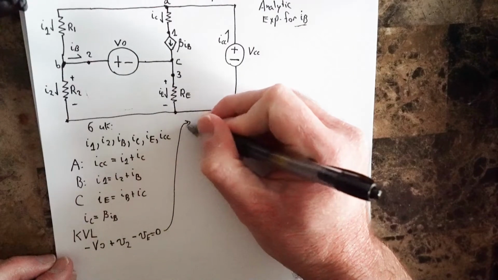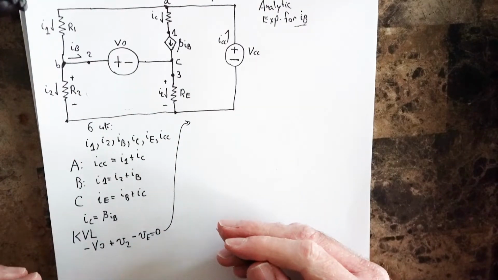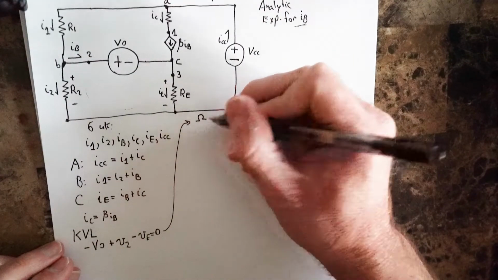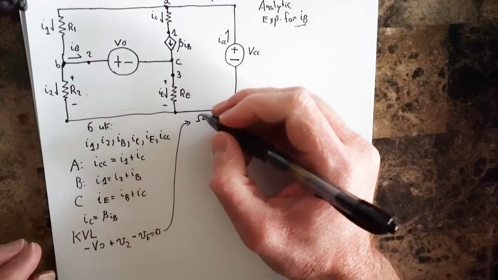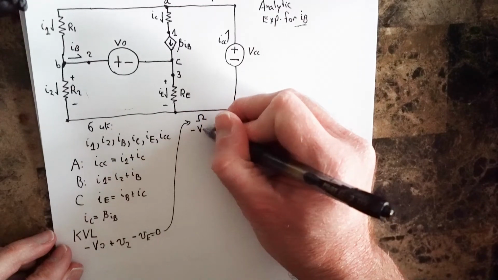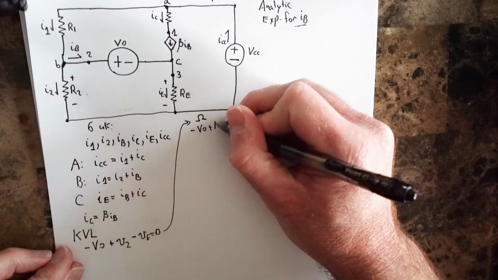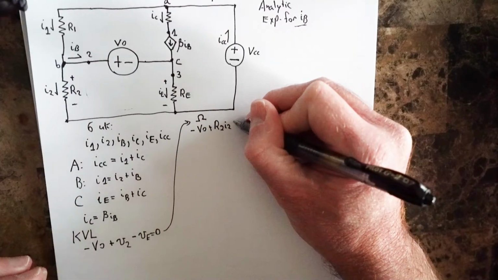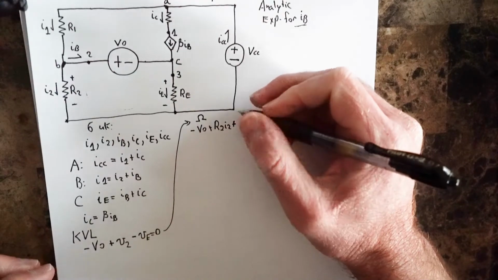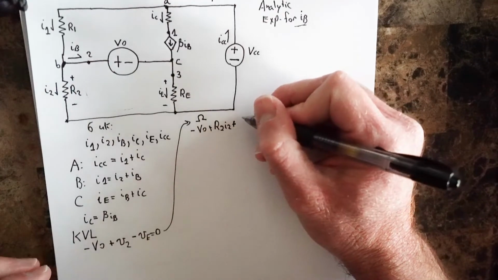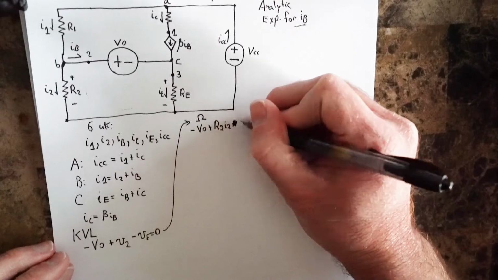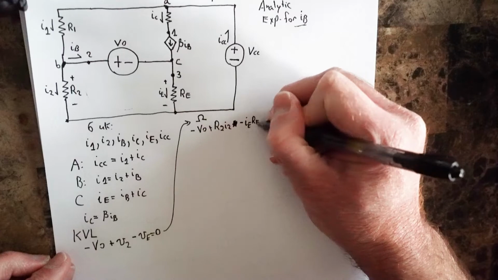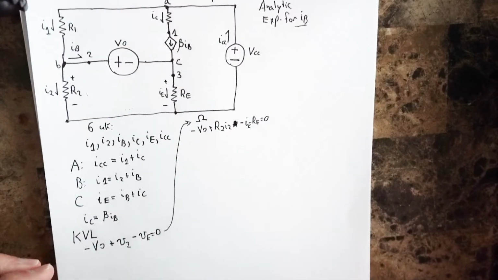Go ahead and move this up here, which means that if we apply Ohm's law, then we have minus V0 plus R2I2. I don't know why I switched those, but I did. Plus, minus IE RE must be equal to 0.